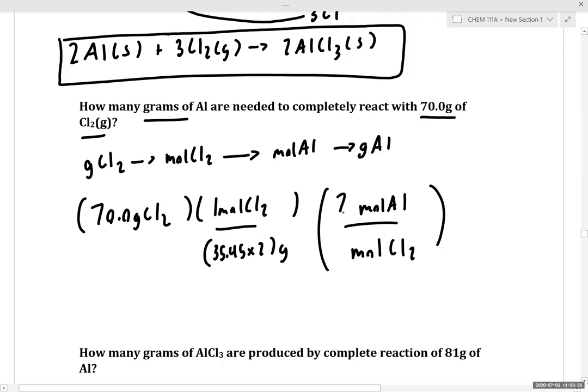Two to three. Yep, we have 2 moles of aluminum per 3 moles of chlorine. And then we know that we have 27 grams of aluminum per 1 mole of aluminum.